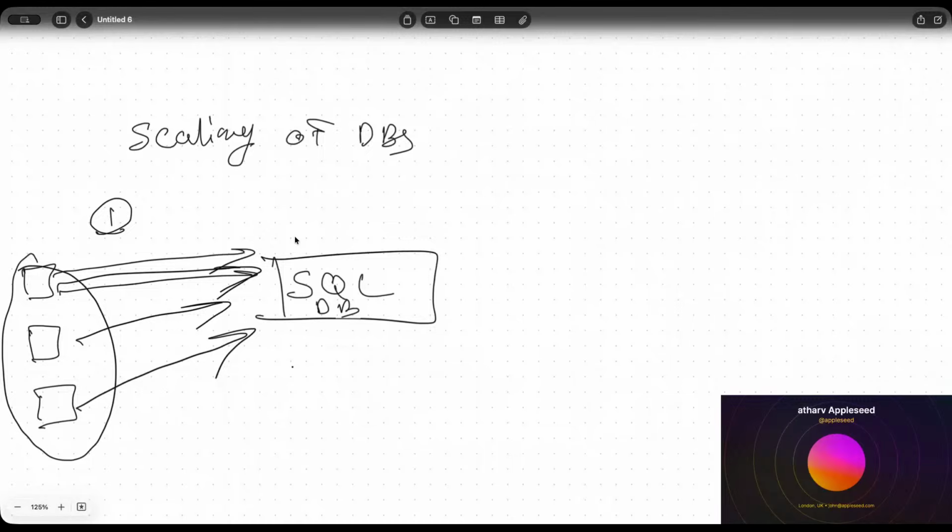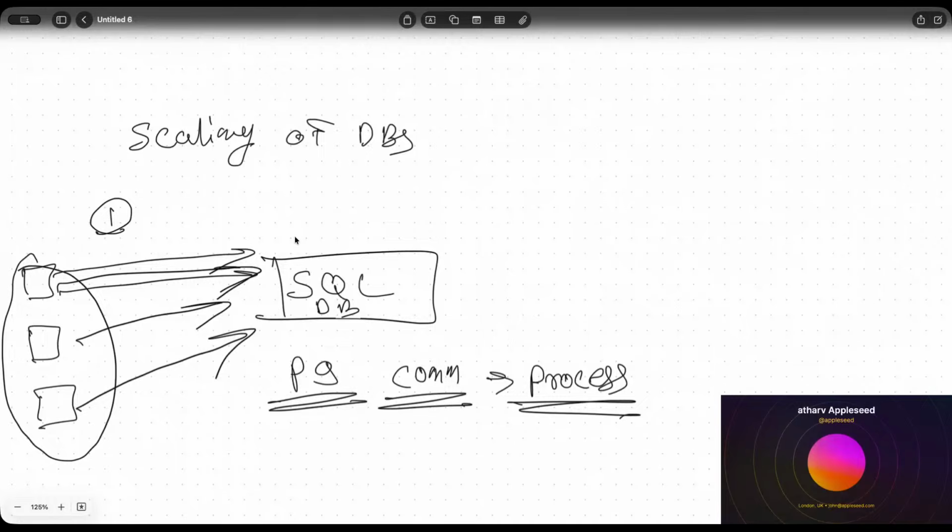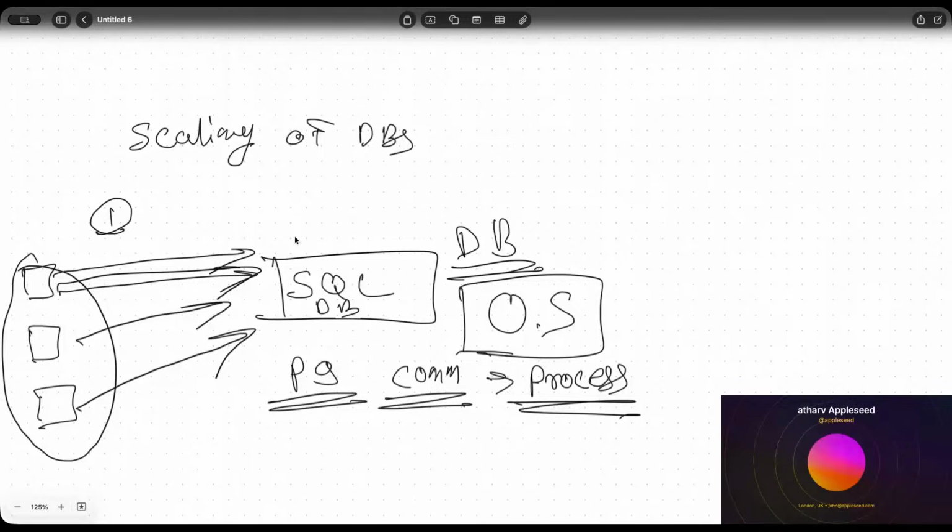So for example, in Postgres, what Postgres does is for every new connection, it spawns a new process, right? So it spawns a new process that our operating system, or our database management system, has to oversee.